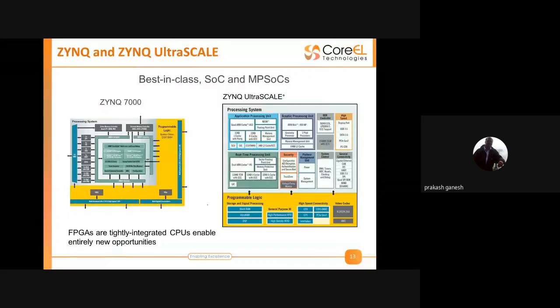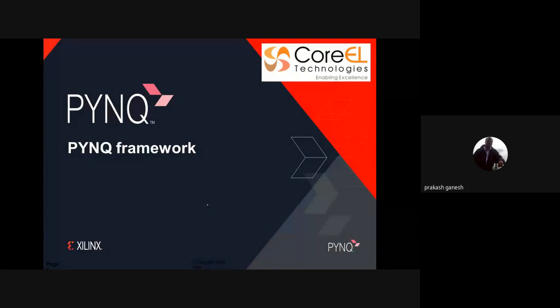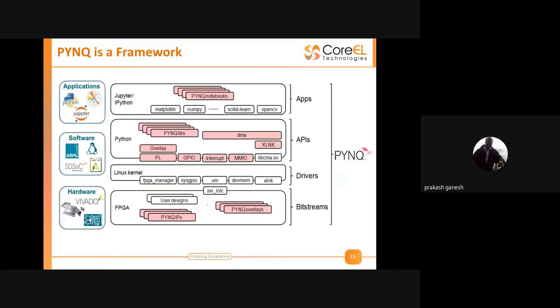So let us see the Zynq Python framework, the PYNQ framework. In the PYNQ framework, we'll have different sections. As I told you, Vivado-based software is required for bitstream generation and other things. There's also Vitis now, no SDSoC; it is called Vitis.